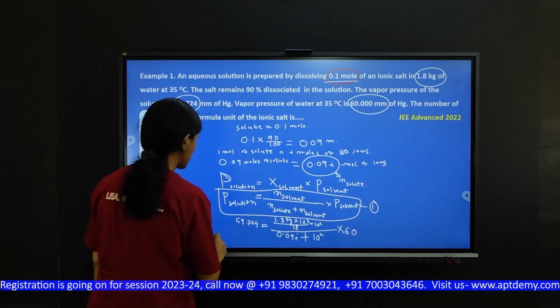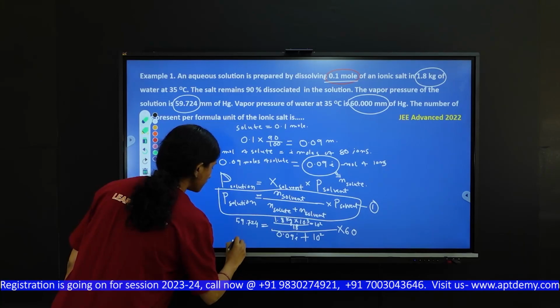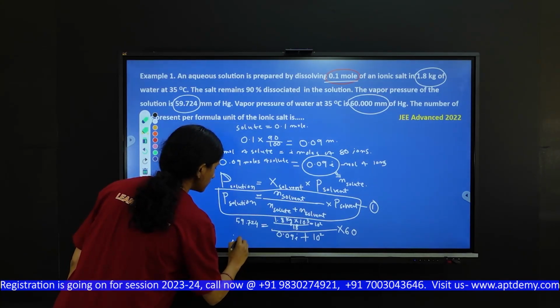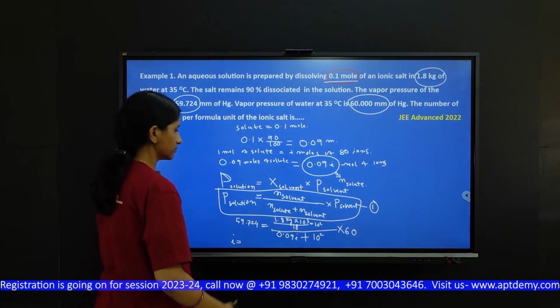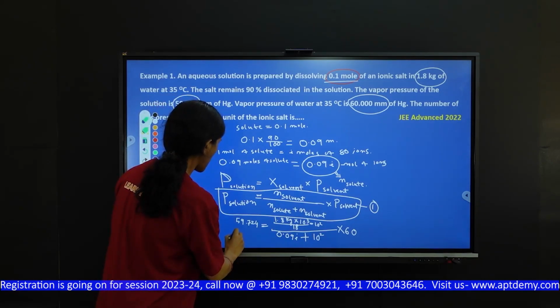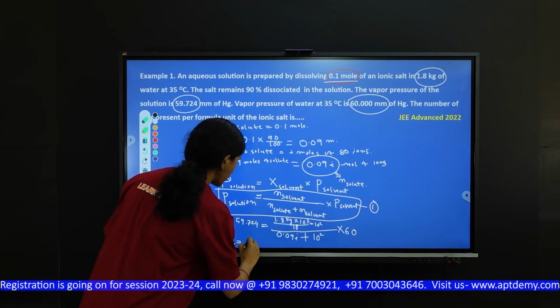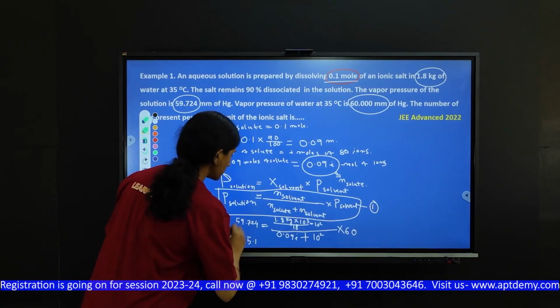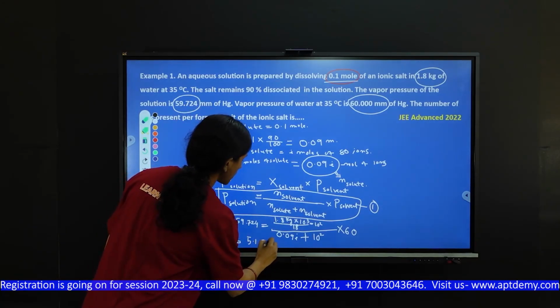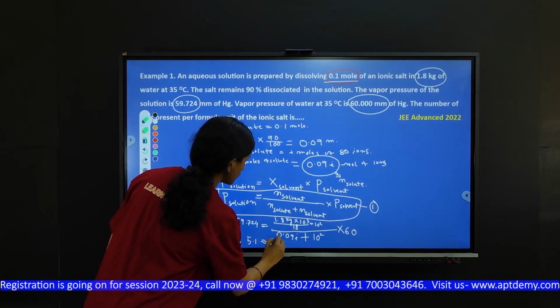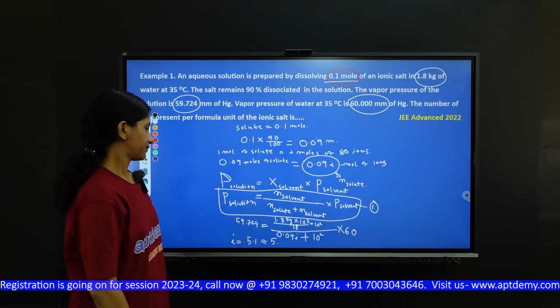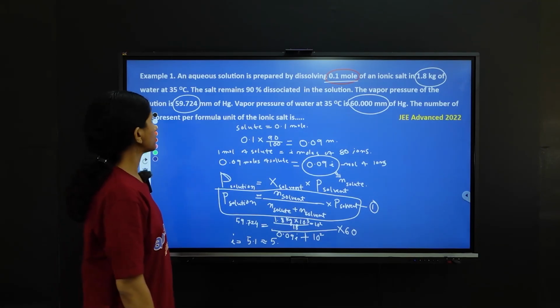From here, if you calculate the van't Hoff factor, or i, it will come out as 5.1, which is approximately equal to 5. So that is what has been asked to calculate here.